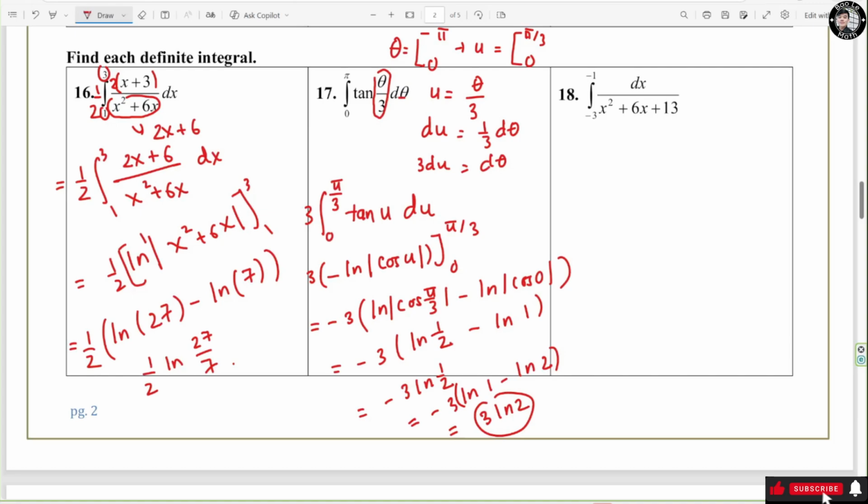Now let's move on to question 18. We need to use the complete the square formula. So this turns out to be the integral from negative 3 to negative 1 of ds over s squared plus 6s. Divided by 2 and squared is going to be 9, so plus 9 and subtract 9. 13 minus 9 should be 4.